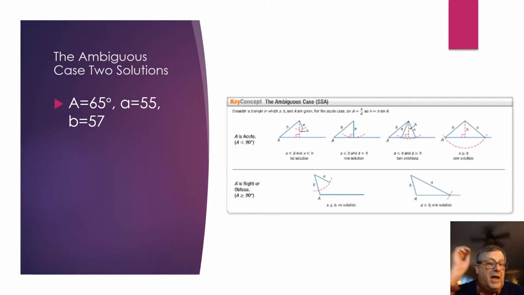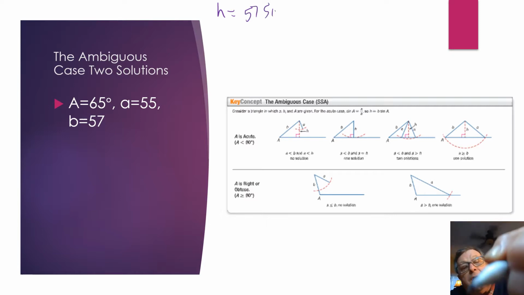All right, probably need to see one more of these. So here we have another case. Angle A is 65 degrees, side A is 55, and side B is 57. Well, 55 is less than 57, and let's find our height. We want to compare that to side A. We do that by taking side B, which is 57, and multiplying it by the sine of 65, which is what we're told angle A is.